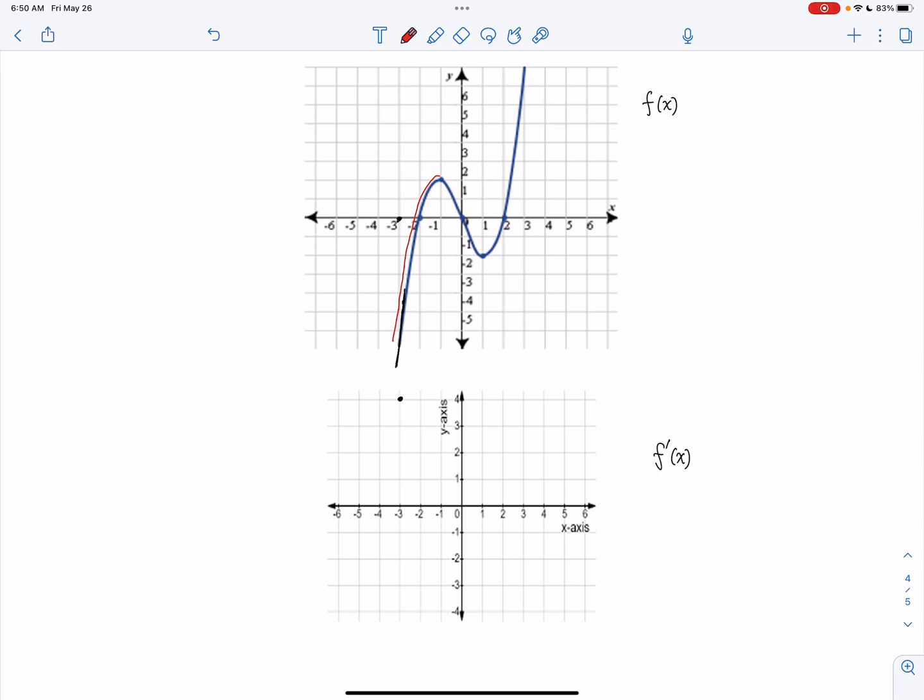That means you still have positive derivative, but it's getting smaller and smaller because the increase is slower. Now, at this point, this is -1, the slope is like this, the tangent line, right? So the slope becomes 0. That means the derivative is 0.